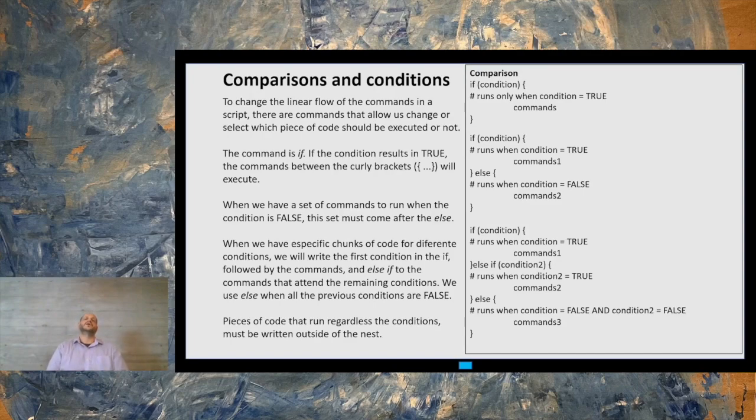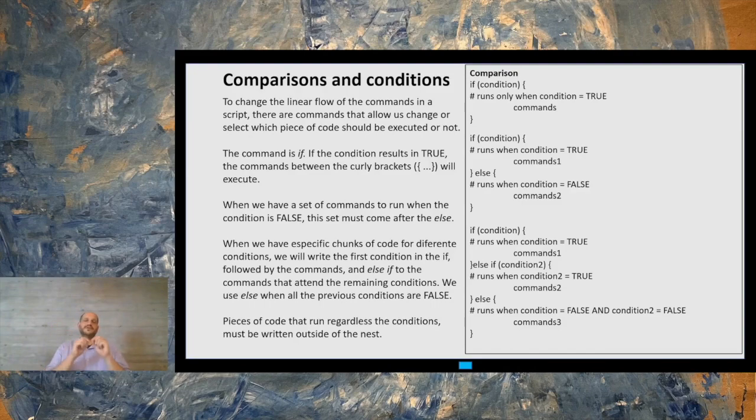But what if I have more than one condition, or I have a special treatment for when the condition is false? Then I have the else command. I will have my if with the condition and the curly brackets as well.